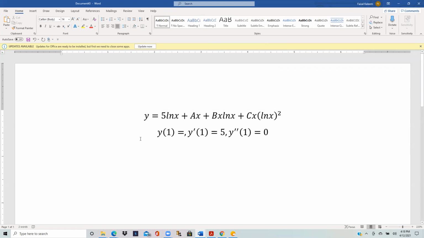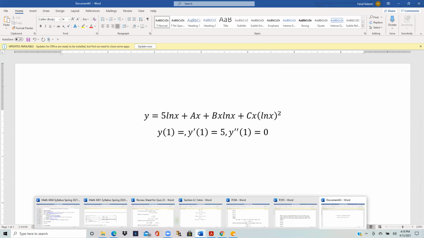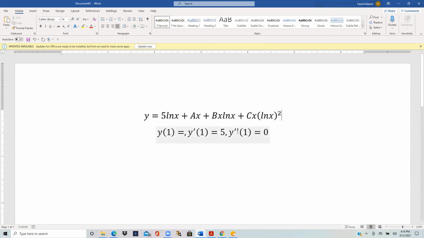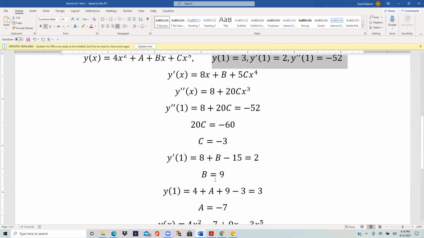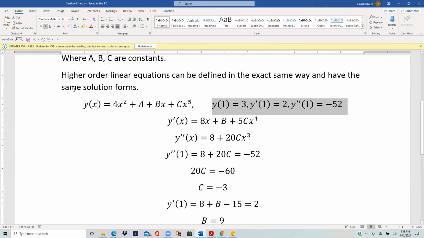So, in the previous problem, if you remember, we took the first and second derivative and then started plugging in. And the reason for that, let me show you again. So this is what we were doing. We had y is equal to this.